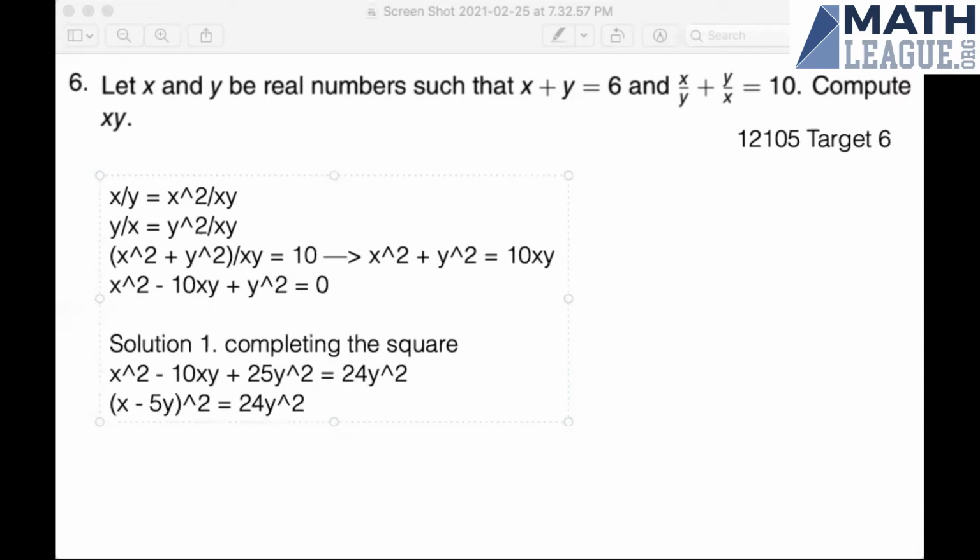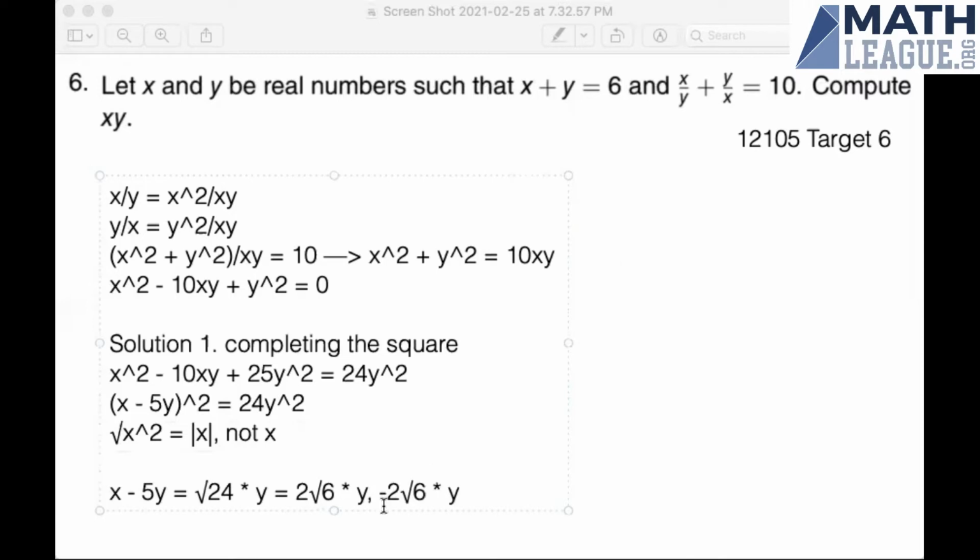Square root both sides. Well, remember that the square root of x squared is defined as the absolute value of x, not just x. And we'll proceed to write x minus 5y equals square root of 24 times y. That's 2 root 6 times y. And also the negative counterpart, negative 2 root 6 times y, right? Because of that definition.